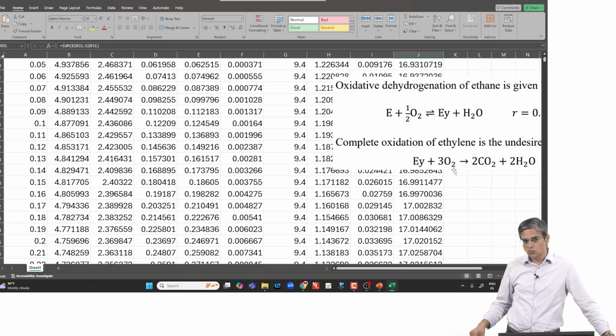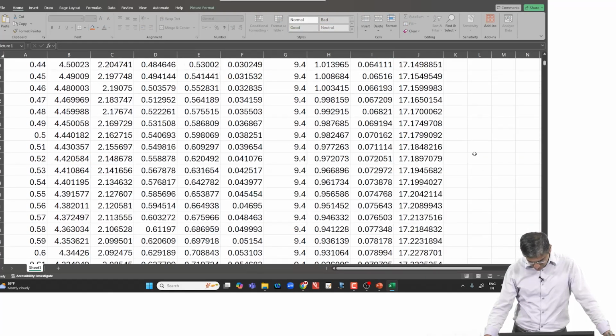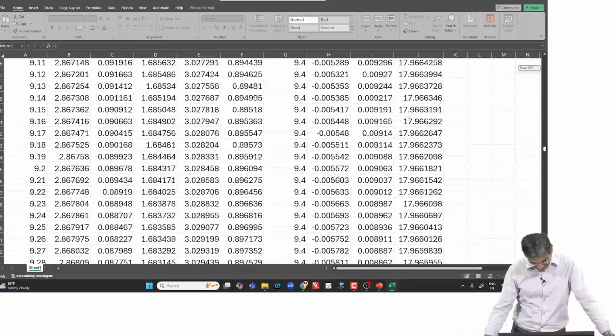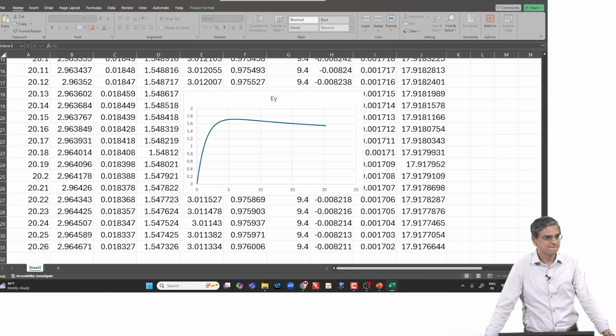If we have a more selective catalyst, that means the rate constants are going to be smaller. Let me show what I mean. You are confused, right? But so far this was okay.